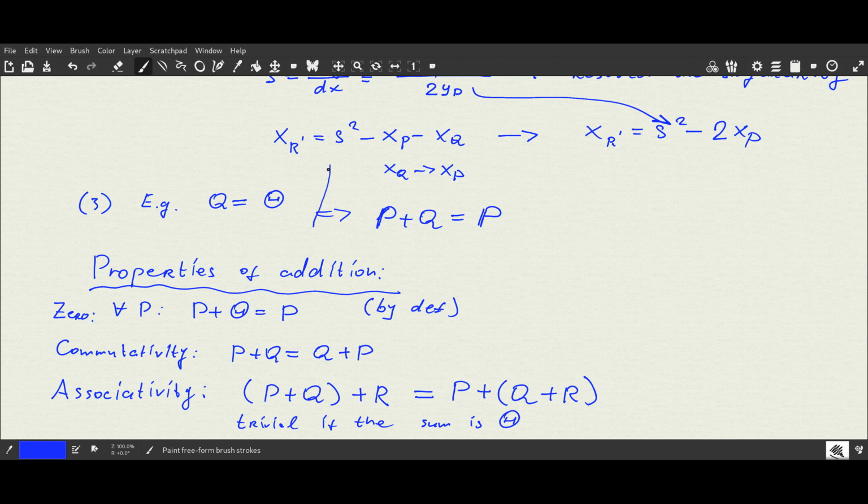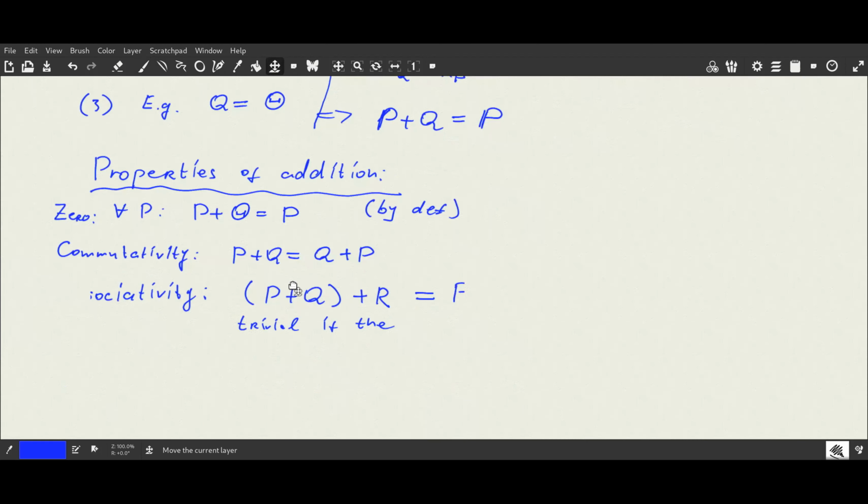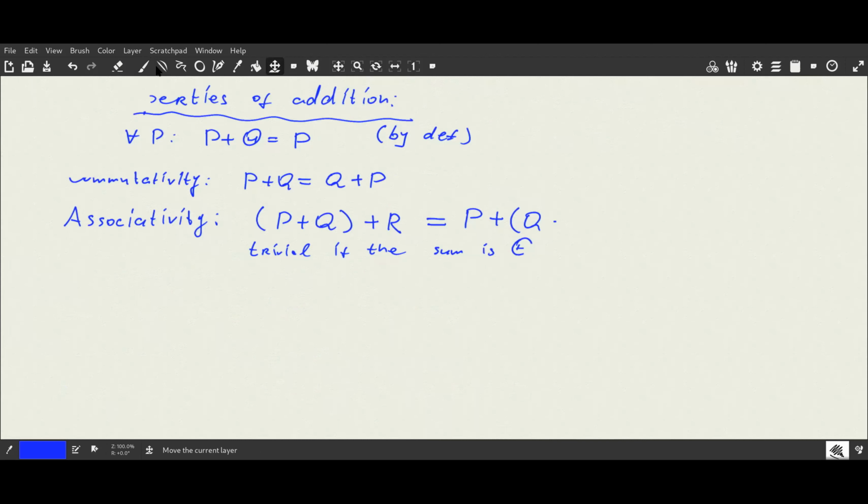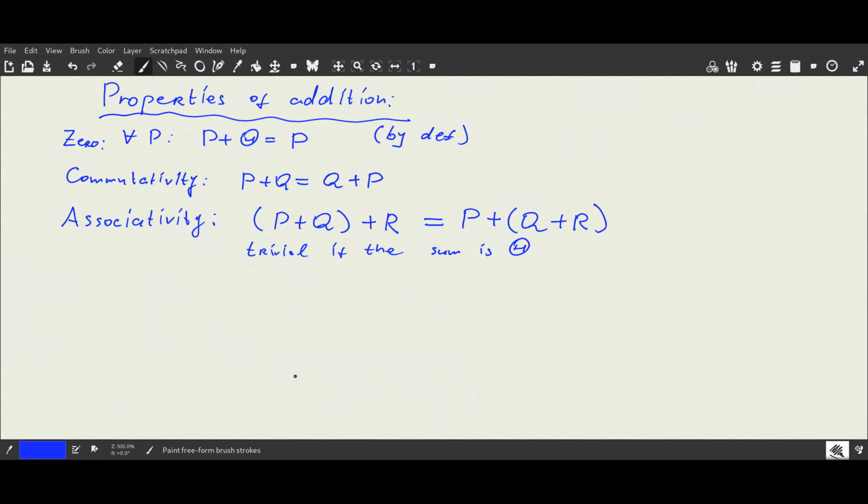It needs to be proved in the general case. There are several proofs available. By the way, they are non-trivial.